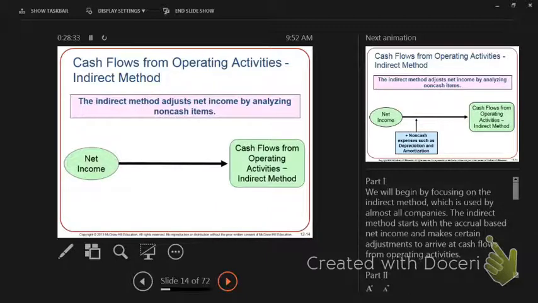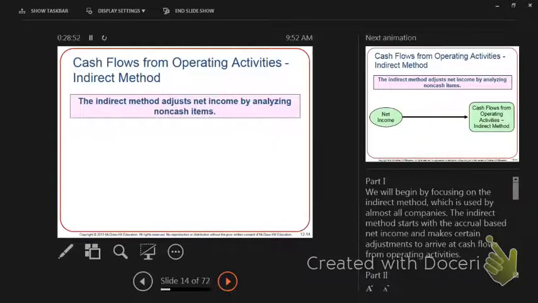To get there, we are going to look at the change in our items on the right. We are only going to look at operating activities.